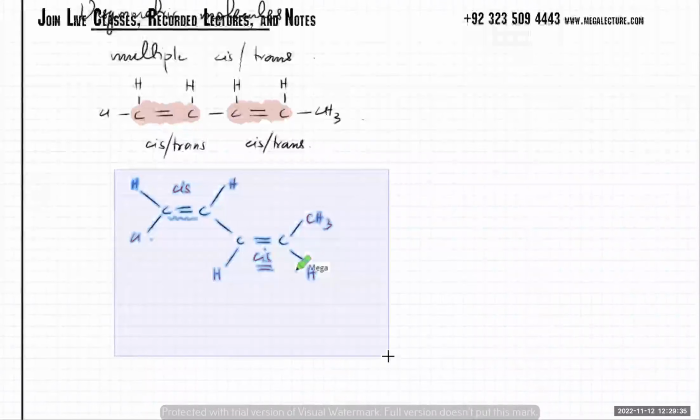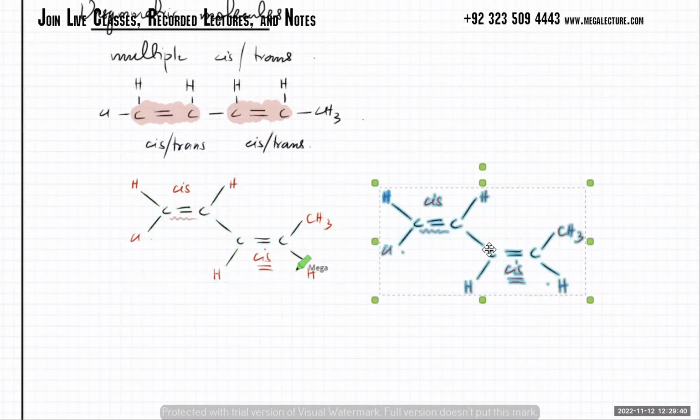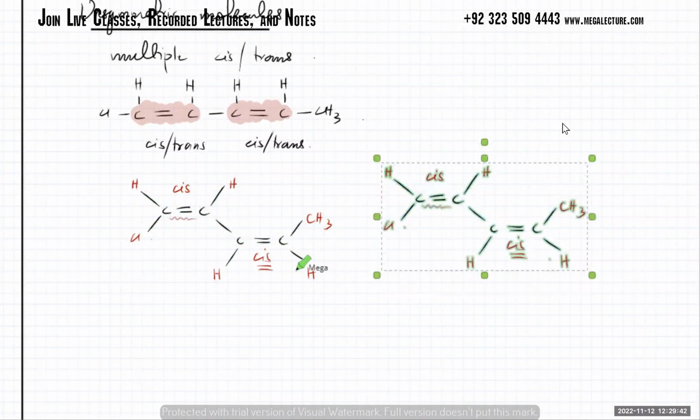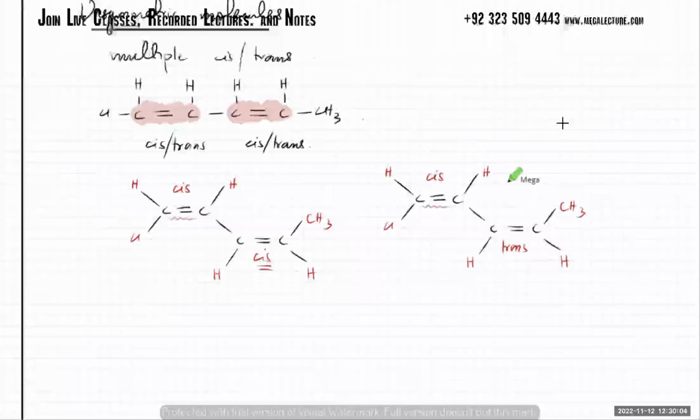फिर और क्या हो सकता है? The molecule can have a different shape, where the first one could be cis, and the second one could be trans. Now, if I want to make it trans, I would have to switch this around.